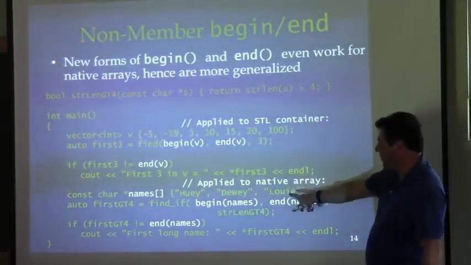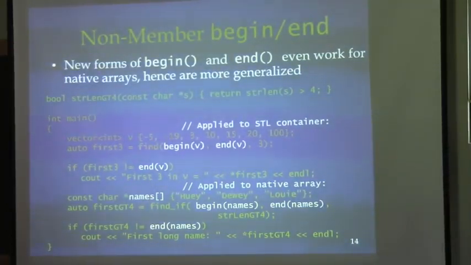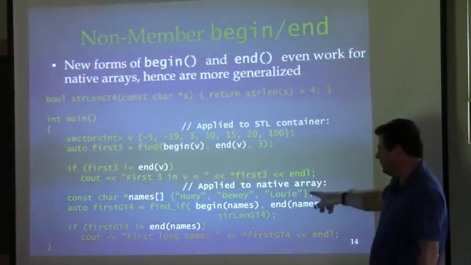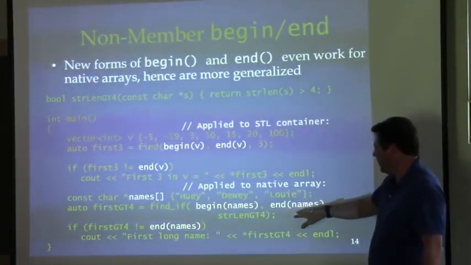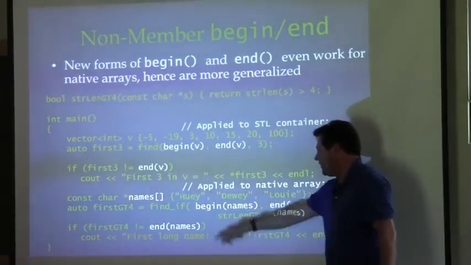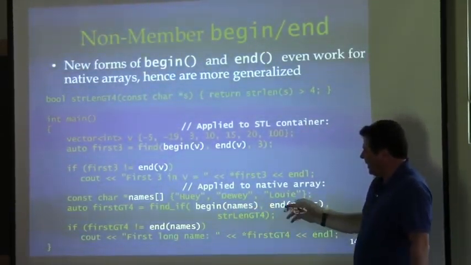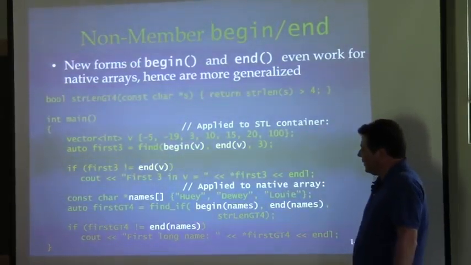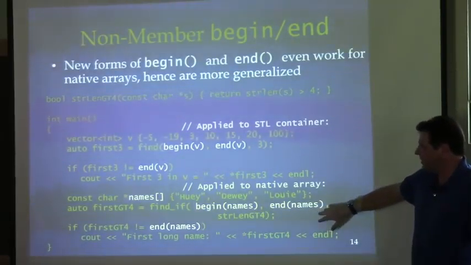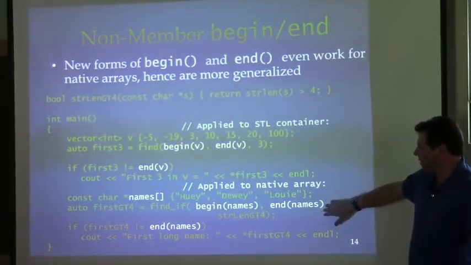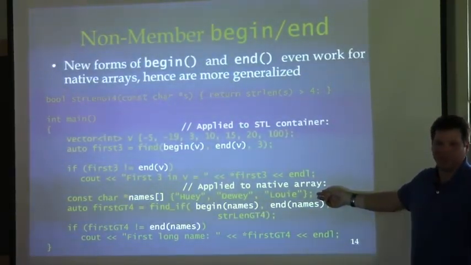So in this example here, we have names, which is an array of 3 C strings. And if I want to apply some sort of operation to it, I want to use the findIf algorithm, for example. I can now say begin(names) and end(names), and it's a natural adaptation. If you recall what you had to do in C++98 to do this sort of thing, it was a pain. You actually had to compute the length of the array. There's a couple of different tricks you could use.